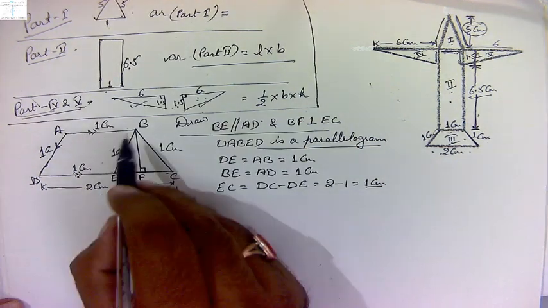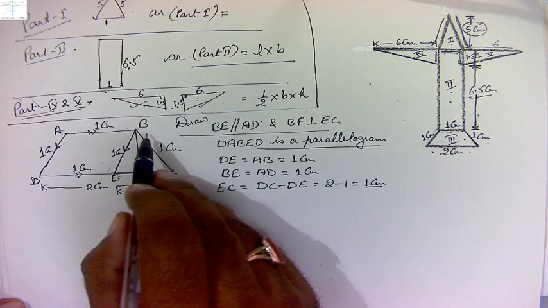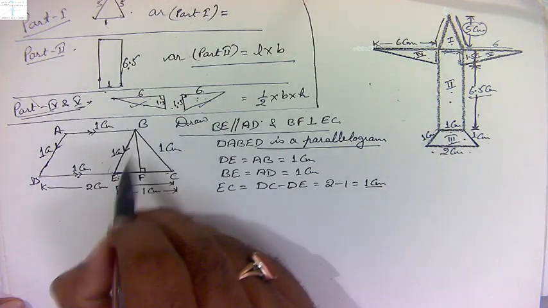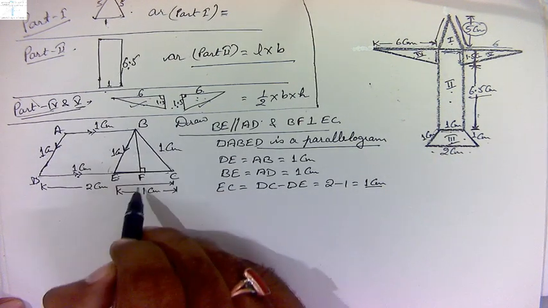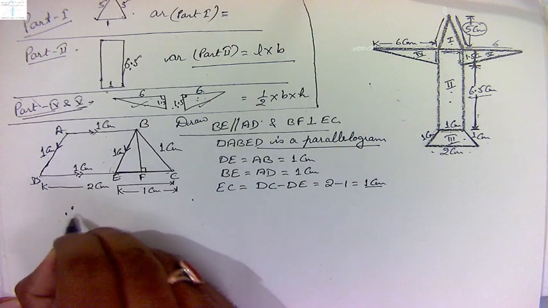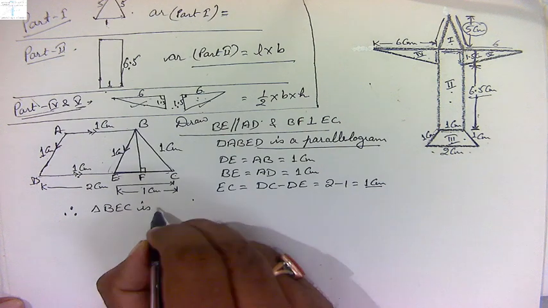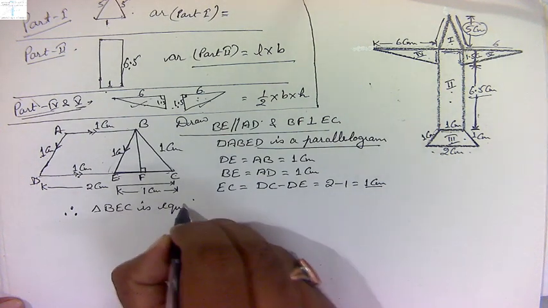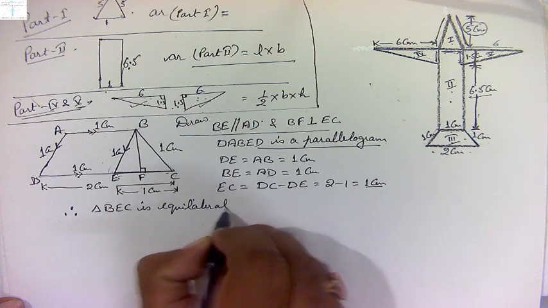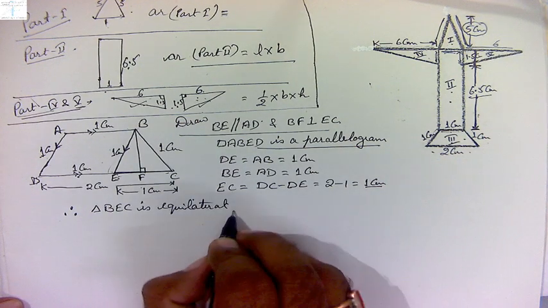Now after all this, if you take this triangle BEC, what type of triangle is this? The three sides, they are 1 centimeter each. So therefore triangle BEC is equilateral.